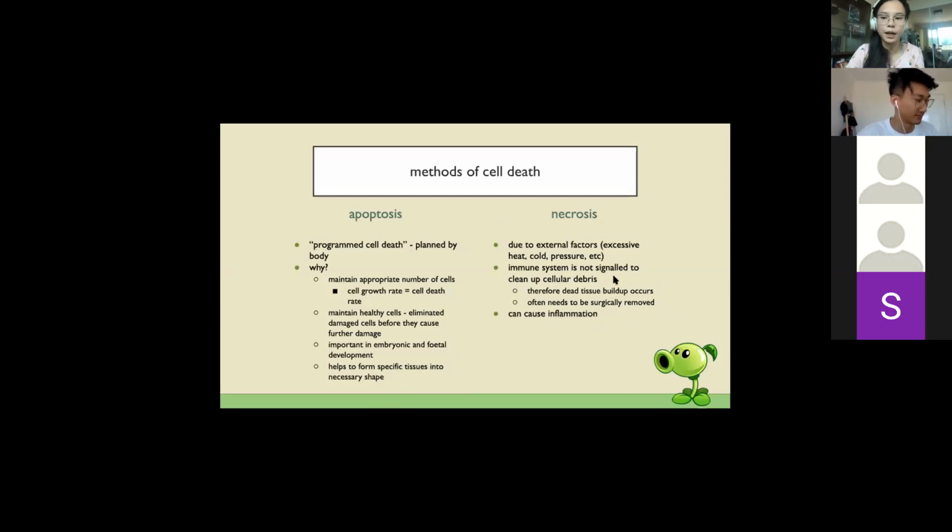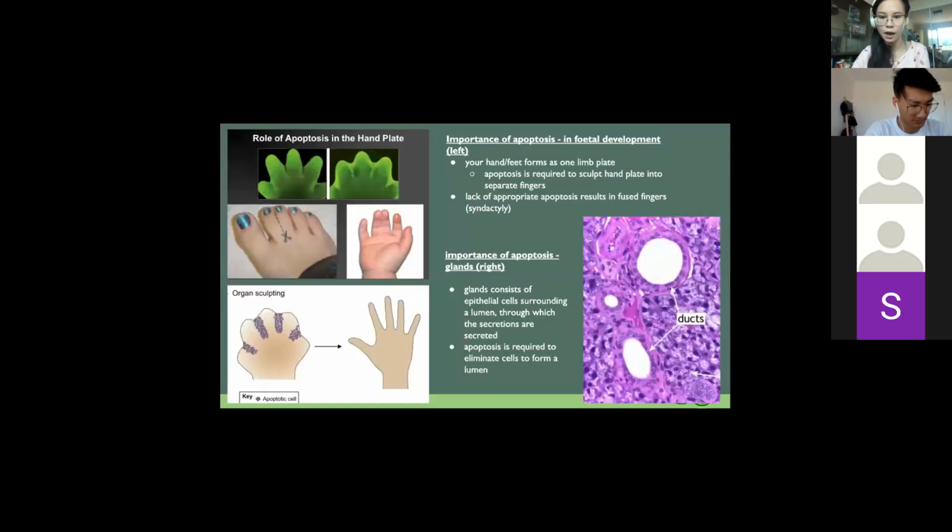There's a lot of debris, and if there is a lot of dead tissue built up, it needs to be surgically removed, or it's going to damage the rest of the organ, or maybe even the whole body. So it's important to have apoptosis in some cases, making sure that organs are sculpted properly so that they can perform their function.